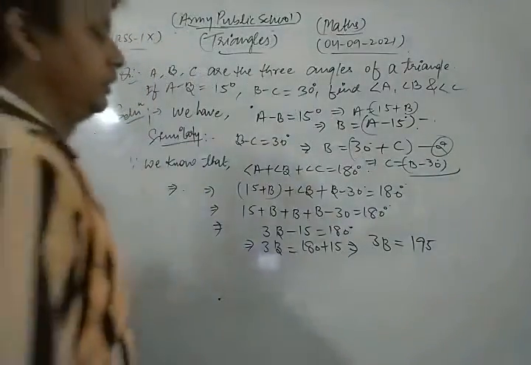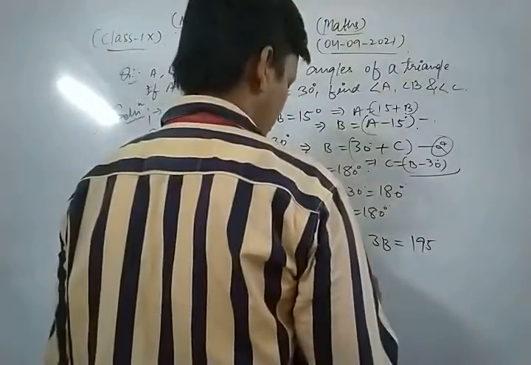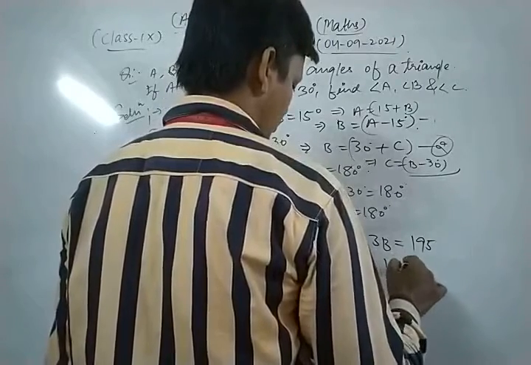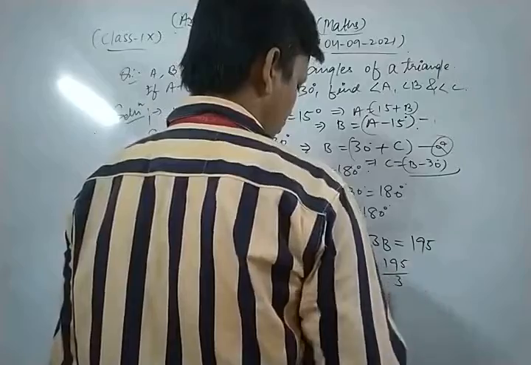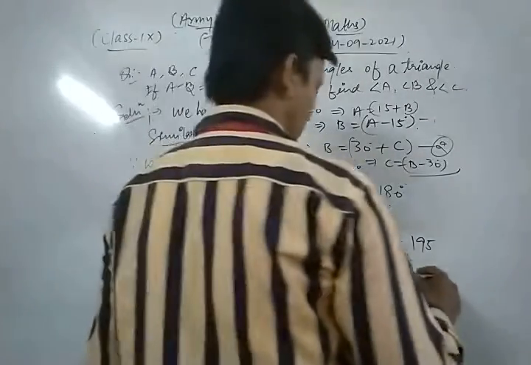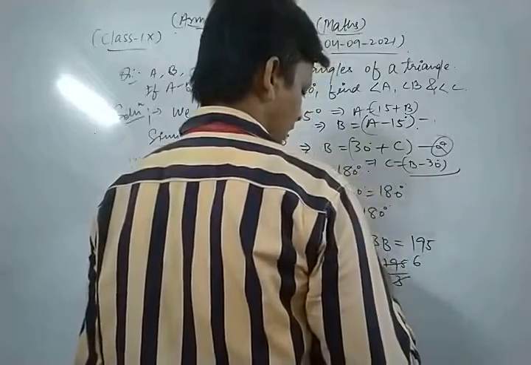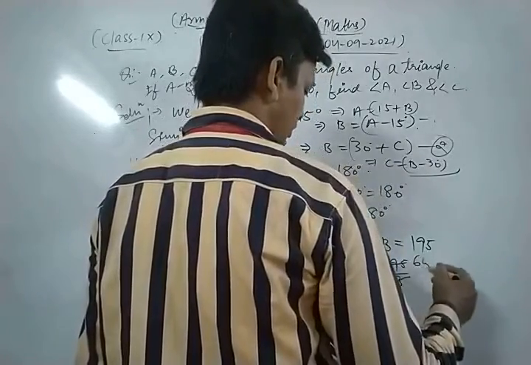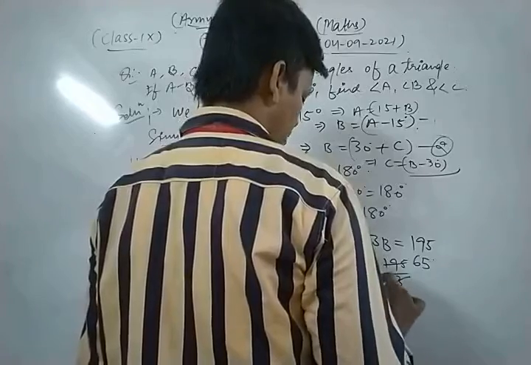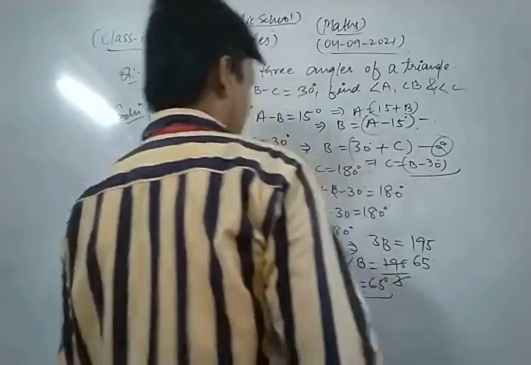Okay, so from there the value of angle B is equal to 195 upon 3. 195 upon 3. 6 is the 18, 135 is the 15. Value of angle B is what? 65 degree.